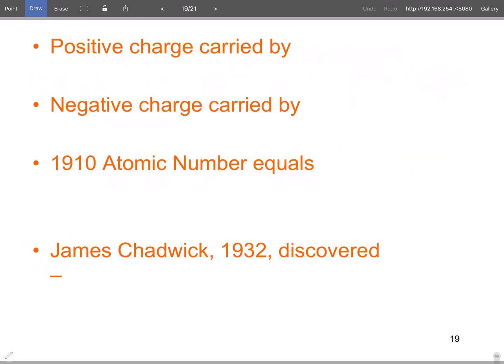Okay? So the positive charge is carried by protons. The negative is carried by, I'm thinking ahead, electrons. No, neutrons. That's what happens when you read ahead.